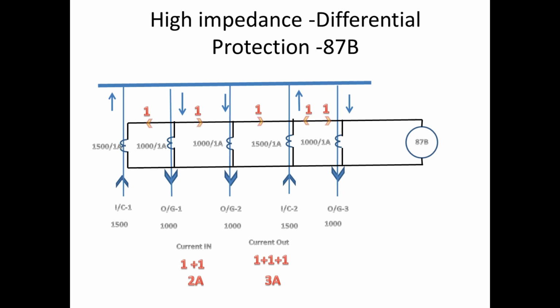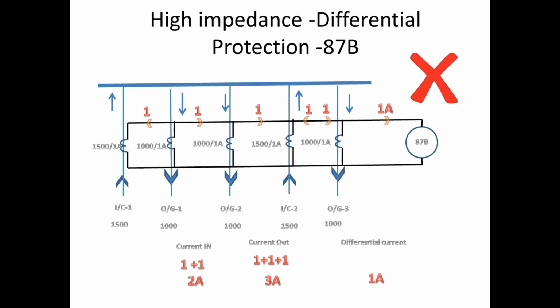So if you see the difference of current in and current out, we get 1 amp. But this is normally a full load running condition, and still we get the differential current 1 amp, and also no fault condition. By this we all know this has something wrong.